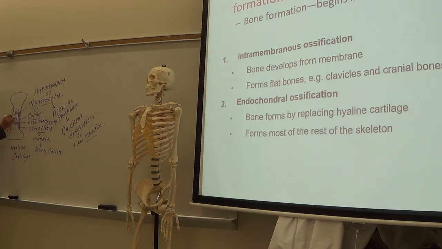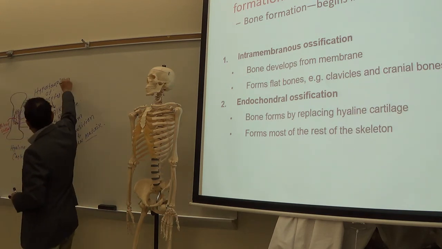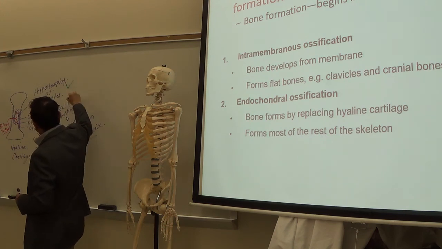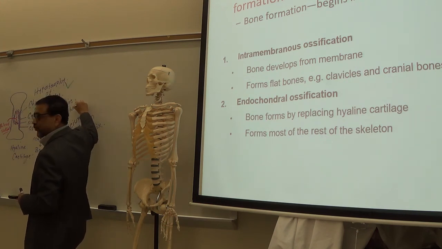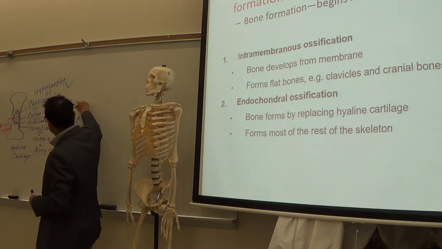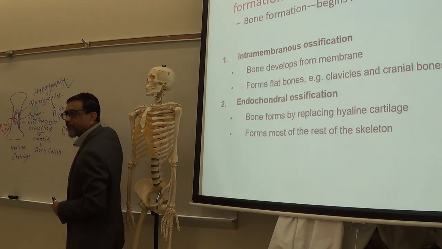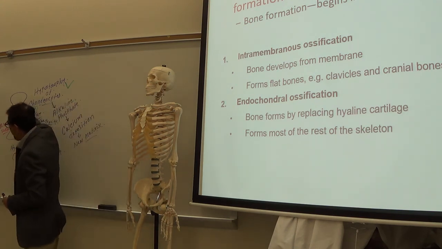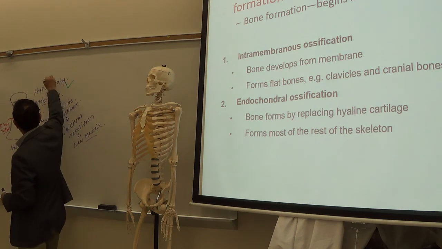Number two, in the center of the shaft, chondrocytes will get bigger, enlarged, right? Hypertrophy, and will occupy more space. And also they secrete alkaline phosphate. That helps in calcium deposition. Make sense? So new matrix will be formed here. So that is number 2.